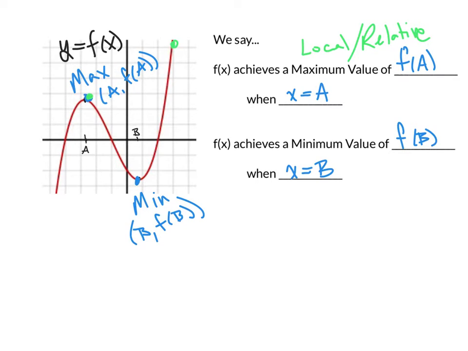Locally, in its own little neighborhood, when we're somewhere right around this point A, f of A, then A, f of A is the highest point on that graph. It's not the highest point on the overall graph, but in its local, relative little neighborhood, it is. And the same thing with this minimum. It's not the overall, what we call global minimum, but locally, in its own little neighborhood, it is the lowest point.